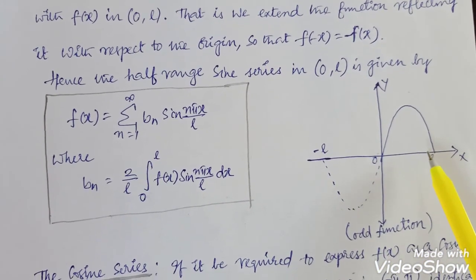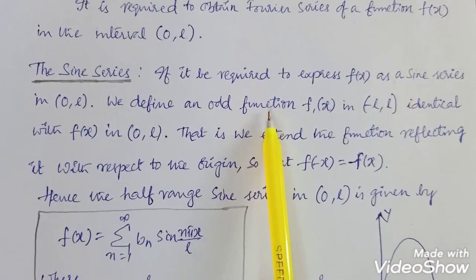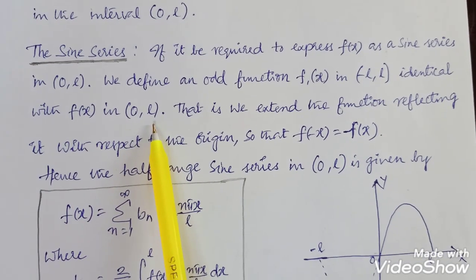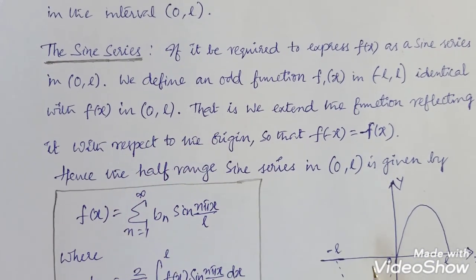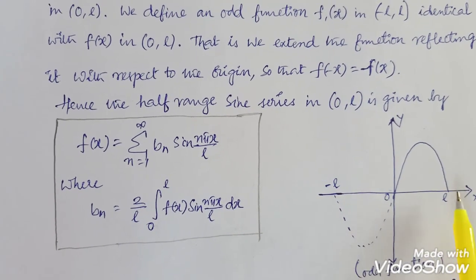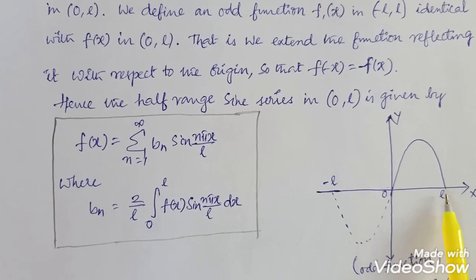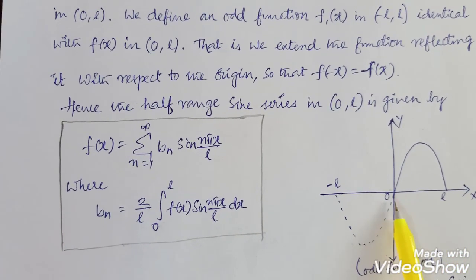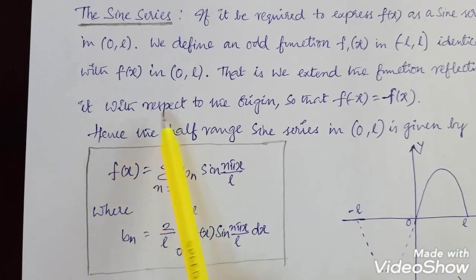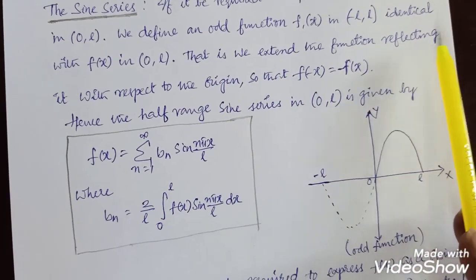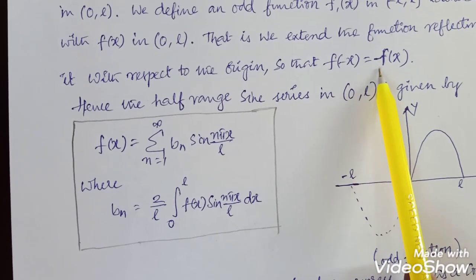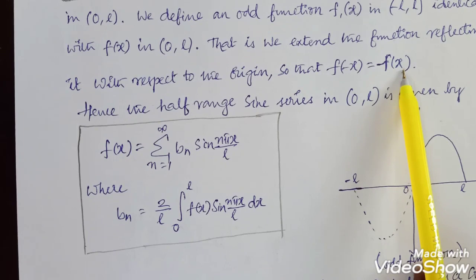Here we define an odd function in minus L, L, identical with f of x in 0, L. As we reflect it with respect to the origin, f of minus x is equal to minus f of x, which is an odd function.